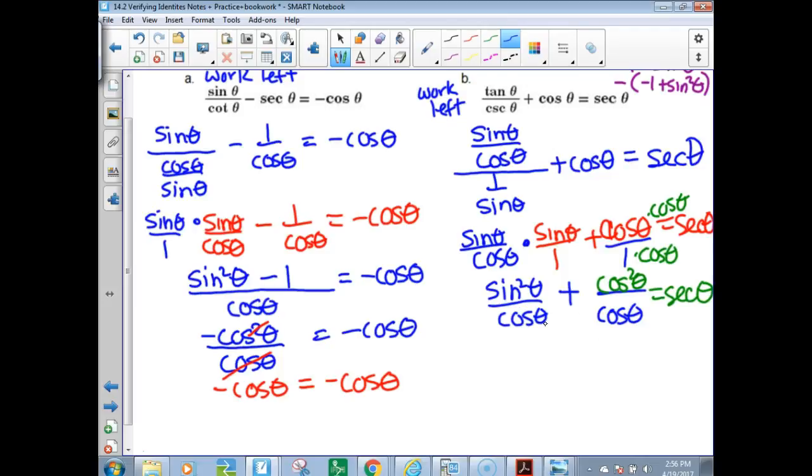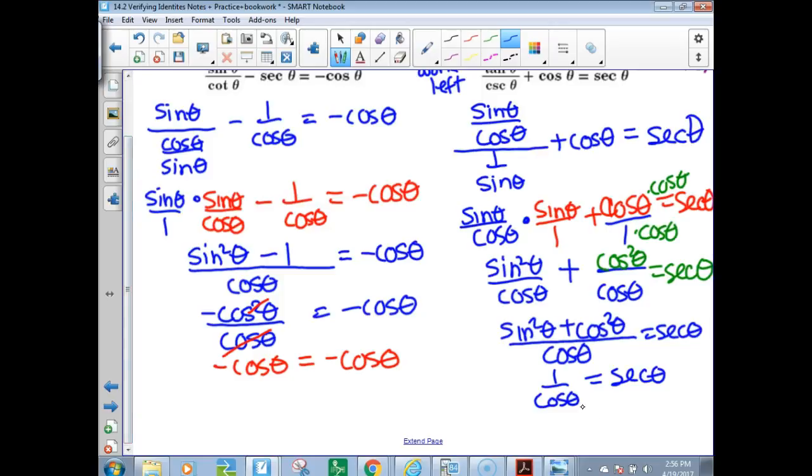The denominators are alike, so now I'm going to add the numerators. So I'm going to have sine squared theta plus cosine squared theta on top. Okay, I kept the right side the same the whole way down. And what can I do now? What's this equal? Sine squared plus cosine squared equals 1. So I have 1 over the cosine theta equals the secant of theta.